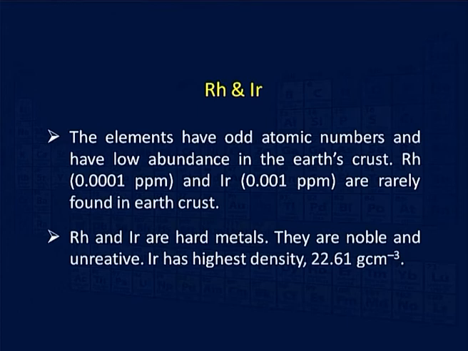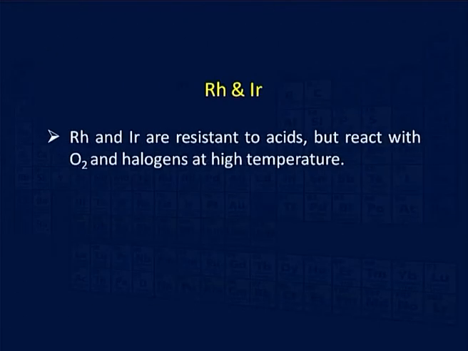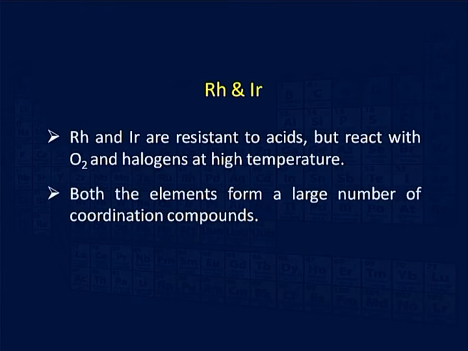Rhodium and iridium are very hard metals. They are noble as well as unreactive. Iridium has a density of 22.61 gram per centimeter cubed. Rhodium and iridium are resistant to acid, but they react with oxygen and halogens at very high temperature. Both of these elements have the ability to form a large number of coordination complexes.